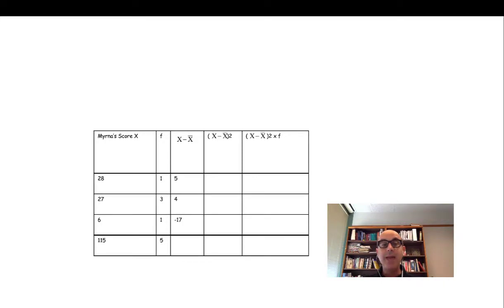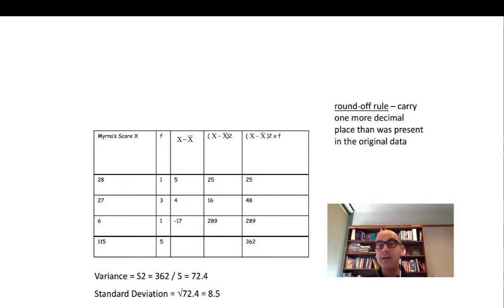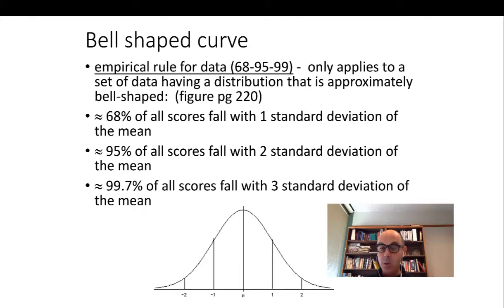So in this case the mean is 23. This is what we come up with regard to the standard deviation. The round-off rule in this case is to carry one or more places than were presented in the original data.